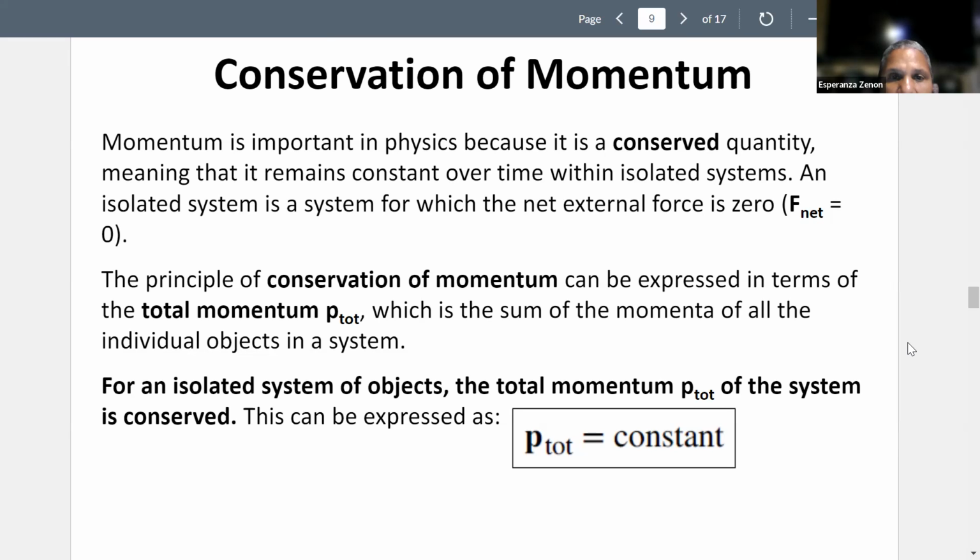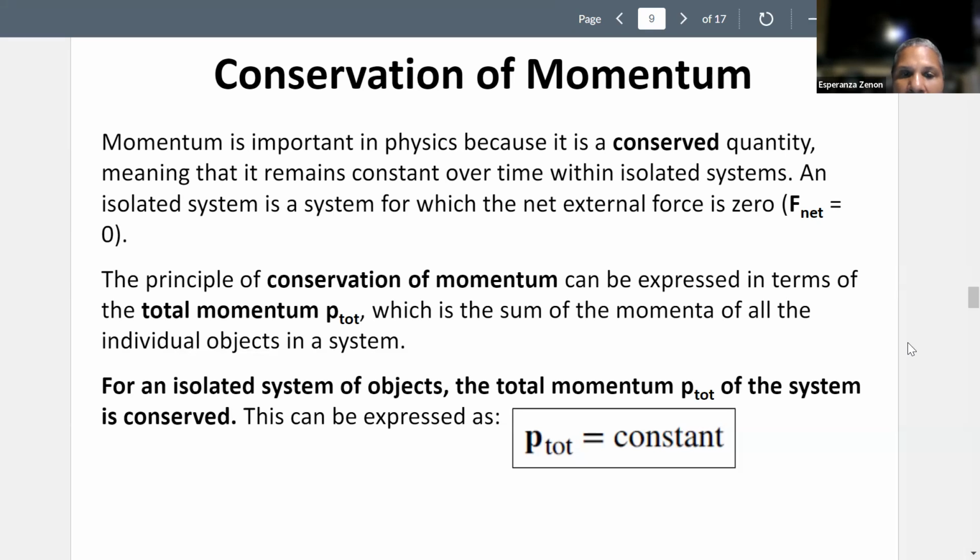That means within that closed isolated system, momentum is going to be conserved for those objects, okay? We express the conservation of momentum in terms of the total momentum, because if we have a group of objects, we have to look at how much momentum each object in our group has, then add it up. And no matter when we do that for our system, we'll always get the same total, okay?